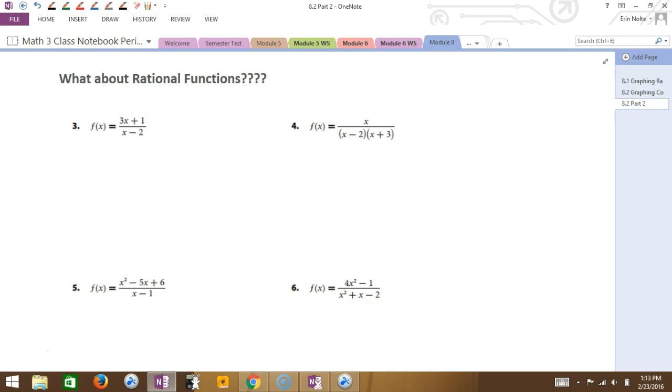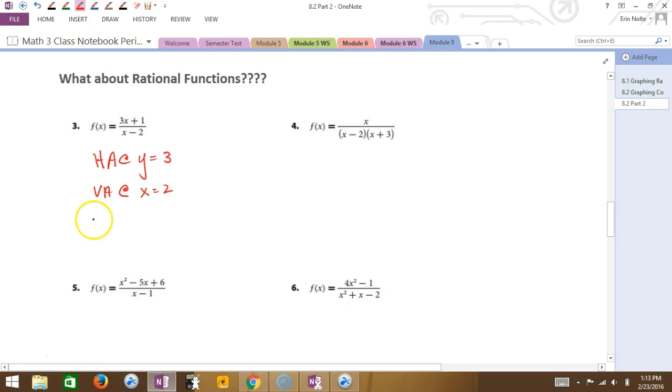So therefore, the number in front, 3. My vertical asymptote comes from where? The bottom. So what value makes the bottom 0? 2. So we got a vertical one at x equals 2.